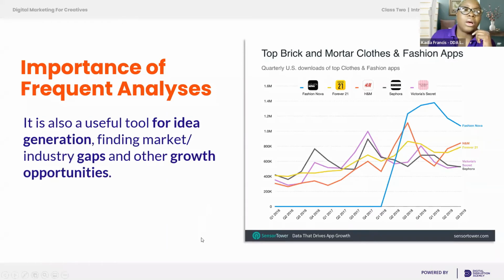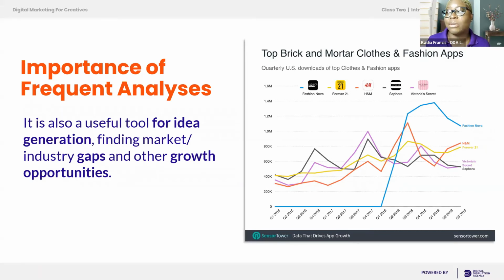Another reason why competitor analysis is useful is because it can help you generate ideas. So if you see, for instance, going back to the whole lactose intolerant thing, everybody was selling milk and milk and milk, and all the cereal commercials have milk in it, and you're going, oh my god, so me can't enjoy cereal because I can't drink milk.